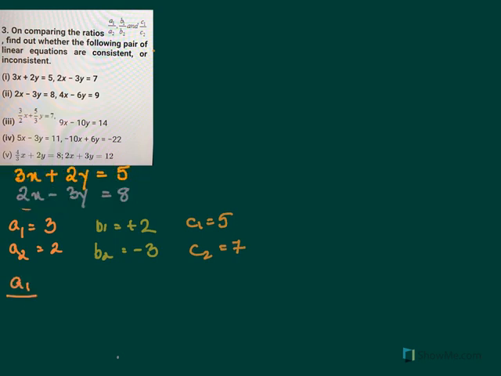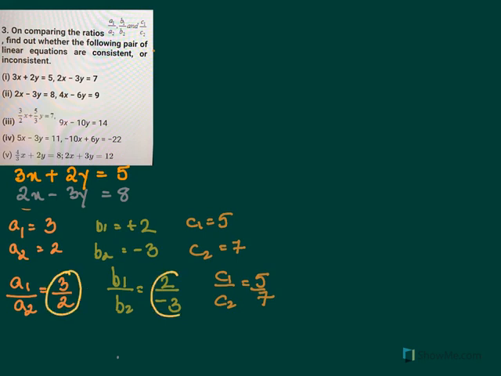So now let's see what is A1 by A2: 3 by 2. Then B1 by B2 is 2 over minus 3. And then C1 by C2 is 5 by 7.